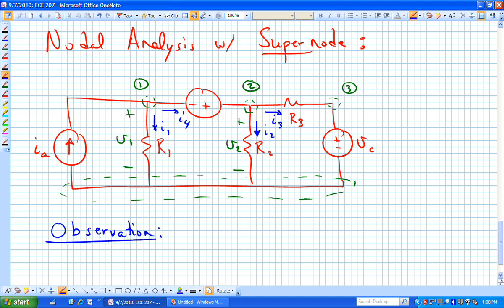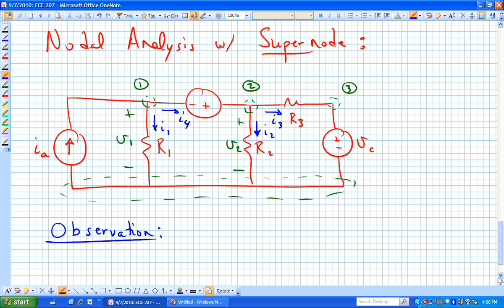Thinking ahead mentally, what's going to happen when I try to write an equation for the current I sub 4 at node 1? What's going to happen? I'm going to say, okay, V sub 1 minus V sub 2 divided by what? That's a voltage source. It could be independent, it could be dependent. In this case, it's independent. I have no idea what that resistance is of that source. I really don't know what I sub 4 is.